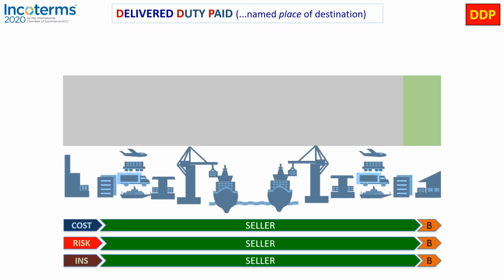The last one, the seventh term under the set of 7 terms for all modes of transport, is DDP. Again, a very commonly used term. So what changes here? You'll find that the entire responsibility chart of the seller has moved up to a point which is even beyond the normal point of delivery, which can run up to the point of the warehouse of the buyer.